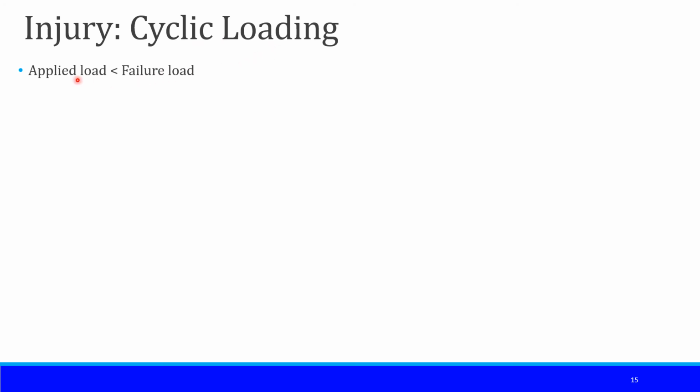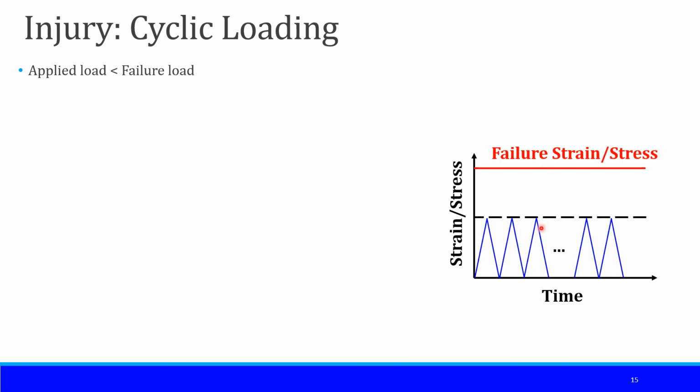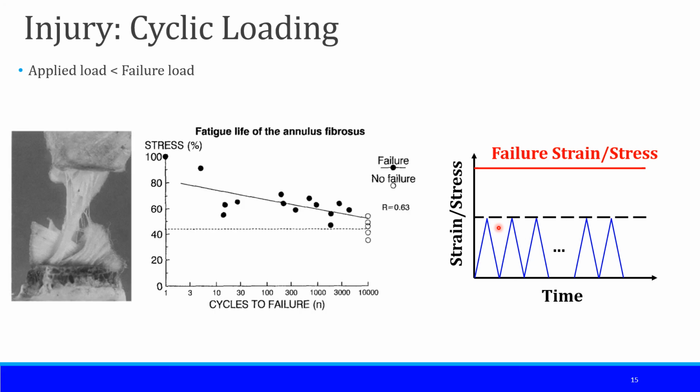In cyclic loading, the applied loads always remain less than the critical load. The applied load is always much lower than the failure load, but it is applied cyclically for hundreds of thousands of cycles. This has been shown to cause injury or rupture in the tissue.